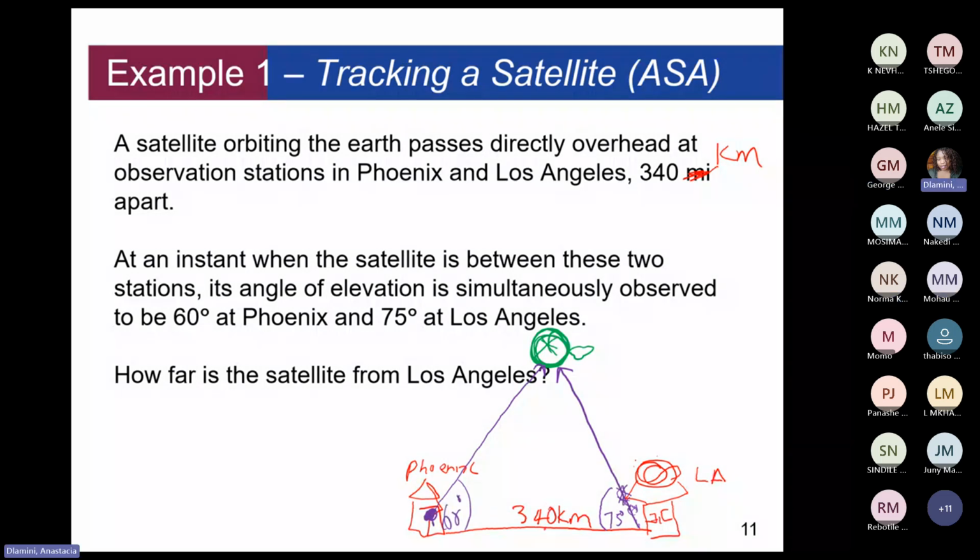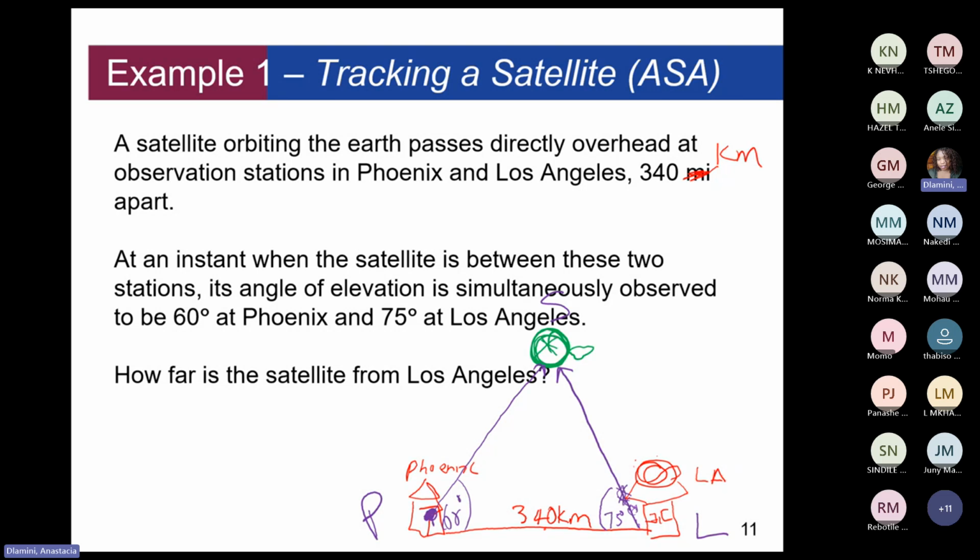So now they ask how far is the satellite from Los Angeles? They want us to find the distance between the satellite and Los Angeles. So let's call this P, the Phoenix. Let's call this L for Los Angeles.